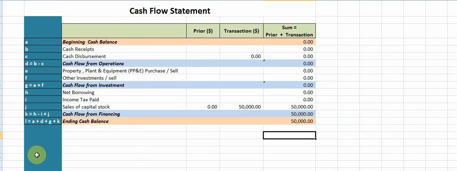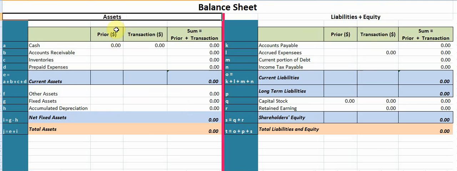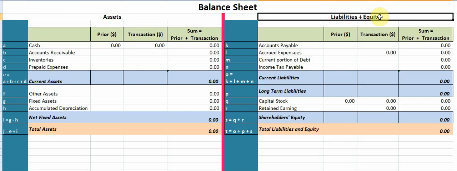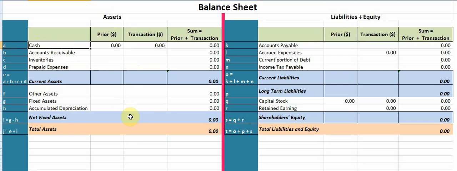Now let's go to the next statement, that is balance sheet. So this is my balance sheet. Left side I have added the asset and right side is liability plus equity. So let's go to the asset section. Here you can see one item cash. Cash is also an asset.